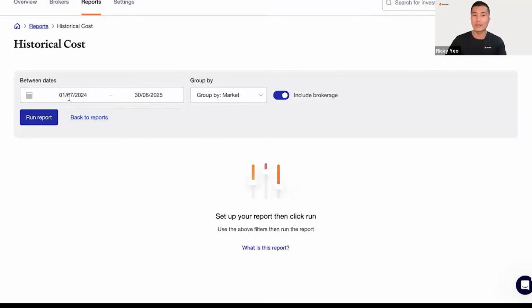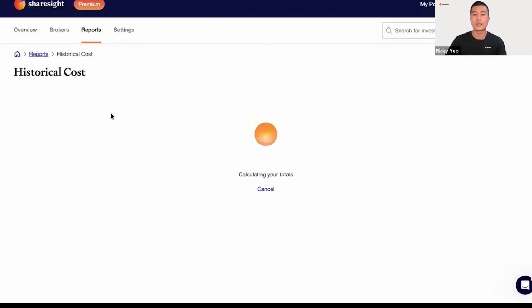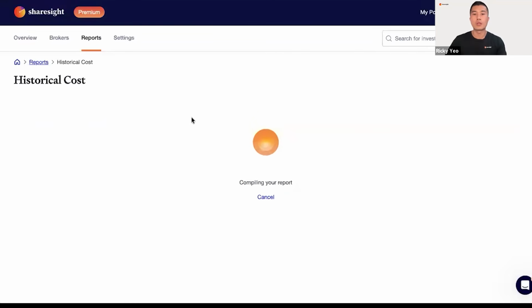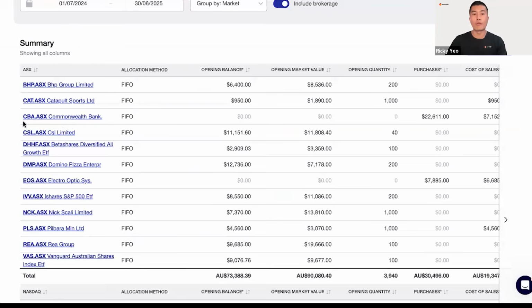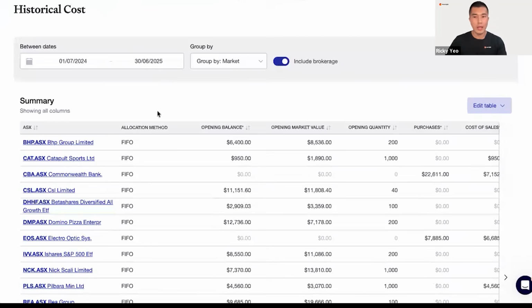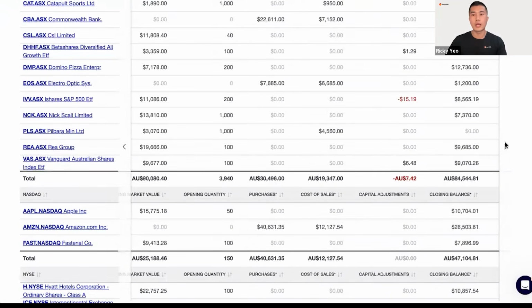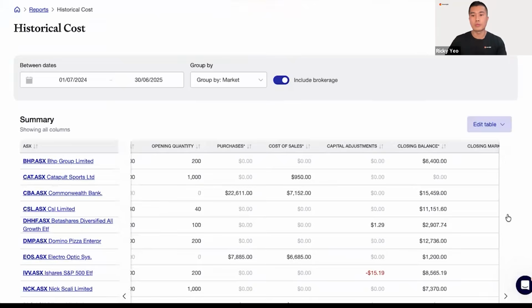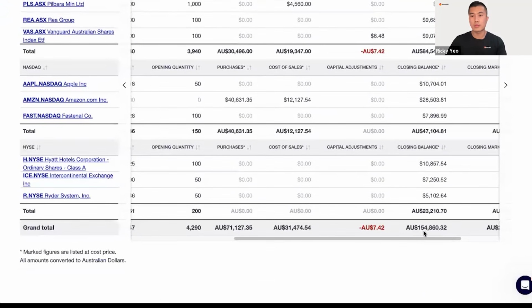The start date doesn't really matter, it doesn't change anything. So if you want to get your portfolio valuation as of the 30th of June 2025, set that as the end date, and then that will be the closing balance figure.